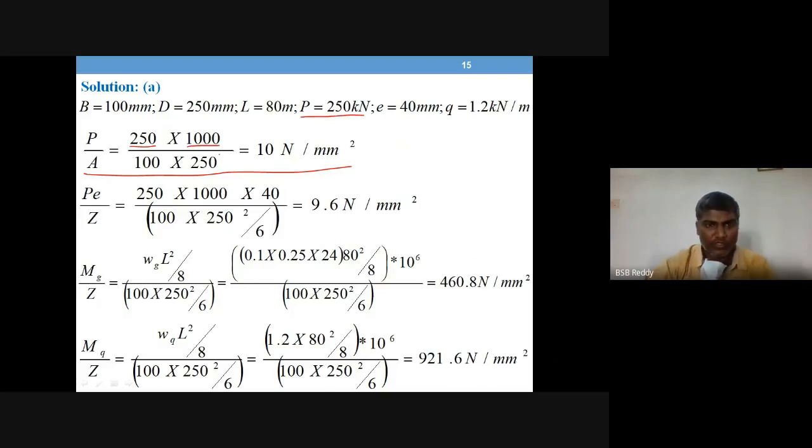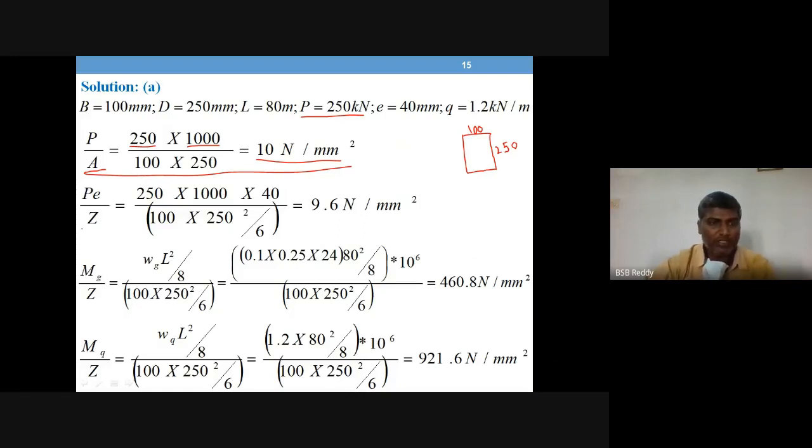Convert that into newtons. The cross sectional area is 100 by 250, the same throughout the 80 meter length. So 100 into 250 is the cross sectional area. That works out to be 10 megapascal as the direct stress value.